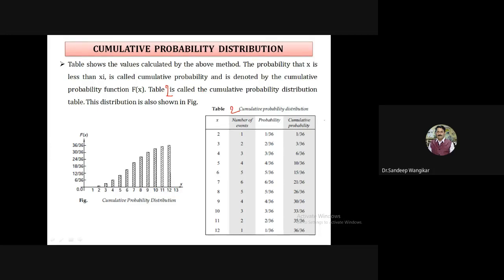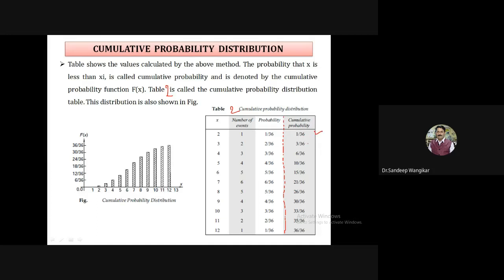See here, x is equal to 2, number of events 1 by 36. Up to this line the chart is the same, I am highlighting. So what is the last column added? This is nothing but the cumulative. So 1 by 36, okay. So this is x is equal to 2, up to this, 1 by 36.